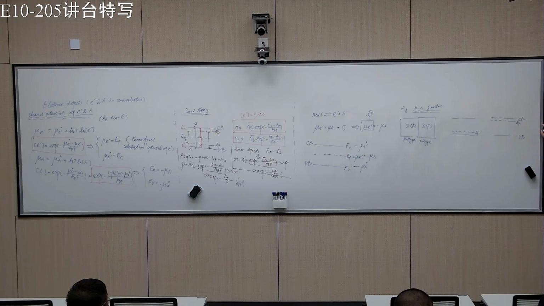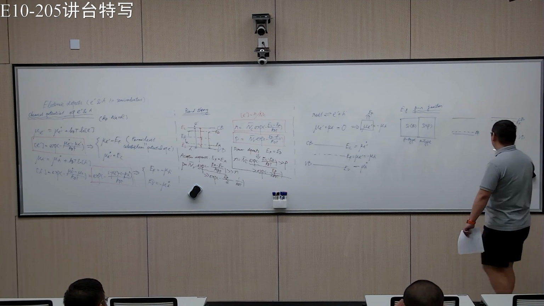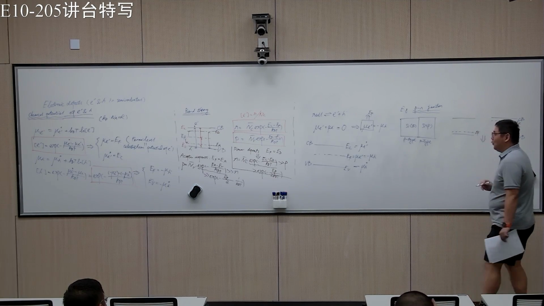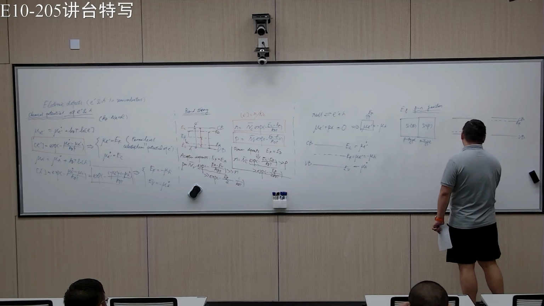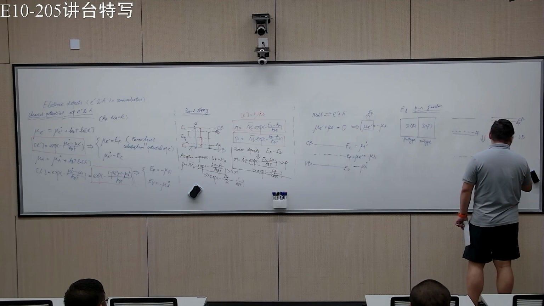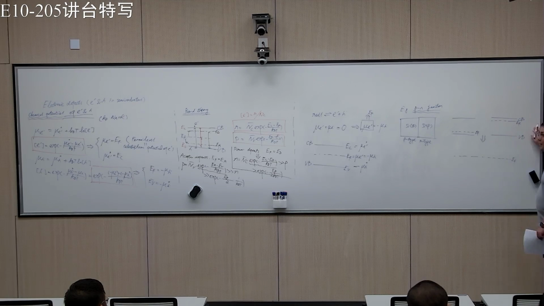What if they get into contact? In semiconductor physics, what people will tell you is that rule number one is that you have to have a fixed Fermi level at equilibrium. We'll talk about what that means later.